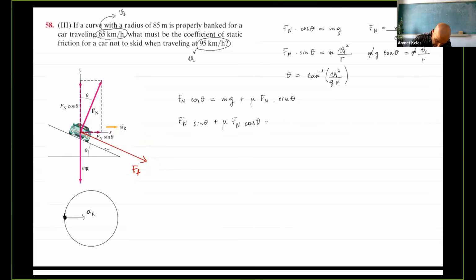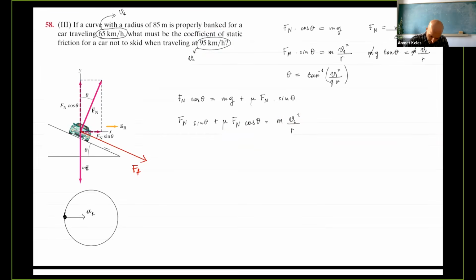And this one should be equal to m, now I'm using this second speed, V2 squared over R, right? If you are going with this V2, you need the friction, and we put it in this form. All right. Any objections to this?